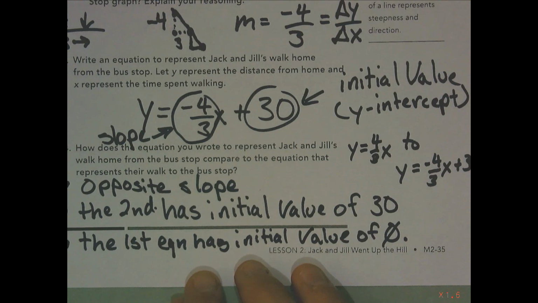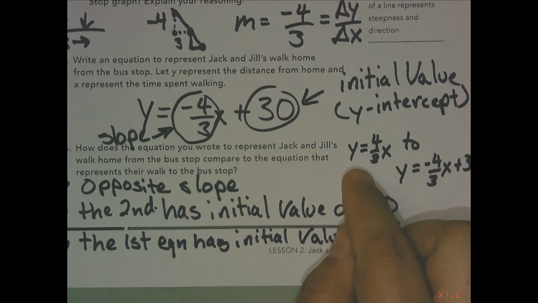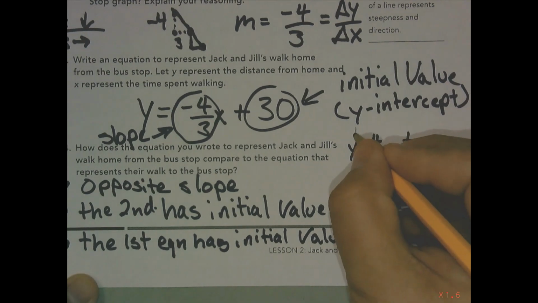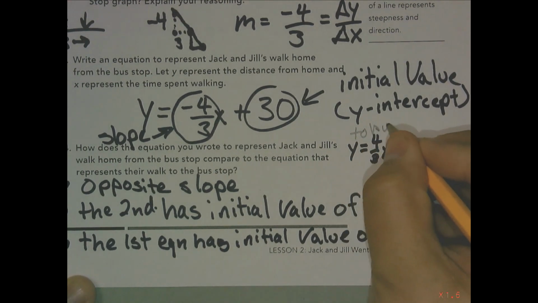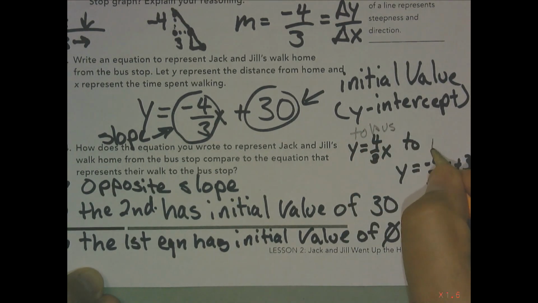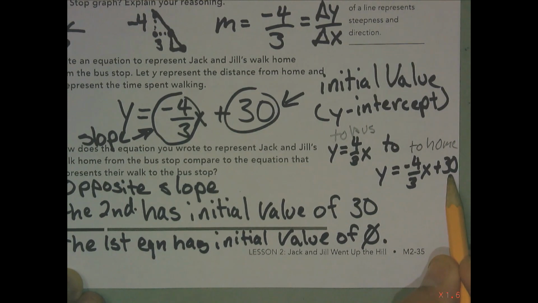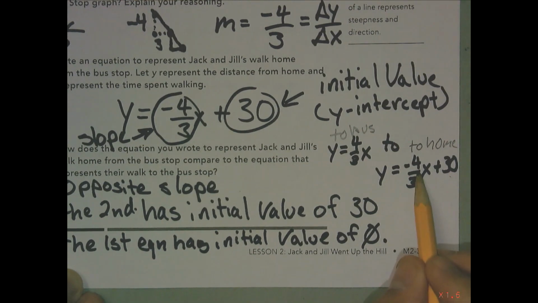So when I compare the two equations, I've got y equals 4/3 x, that's going to the bus stop, and then the second equation is going home. Because you're already 30 yards away, you have an initial value of 30.